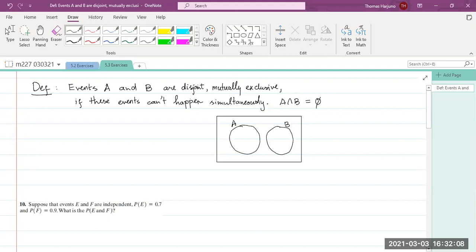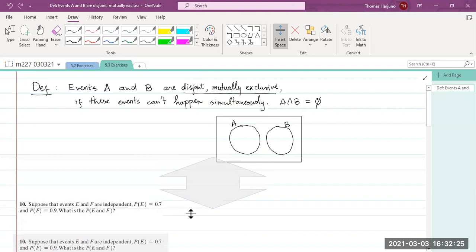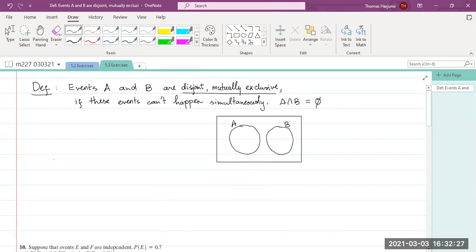That's what we did earlier in 5.2 for the case of driving to work by car and using public transportation. They are mutually exclusive. They are disjoint. Now, in this section, we have another terminology that some people confuse. That's why I want to recall that definition of disjoint earlier.